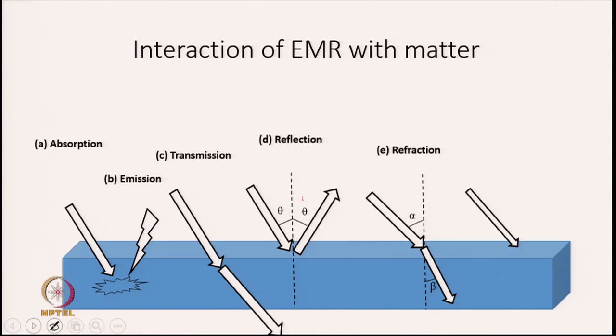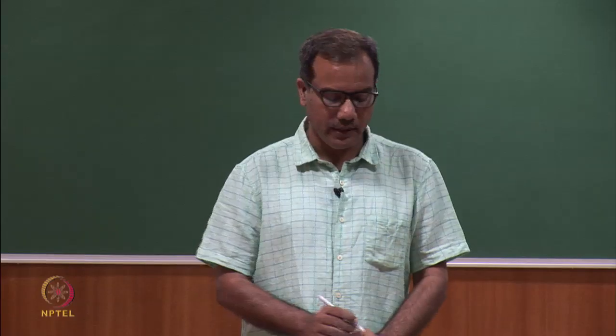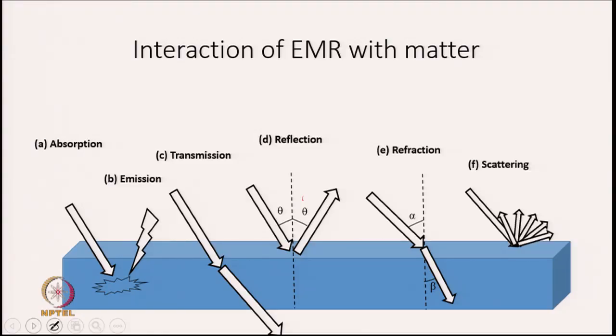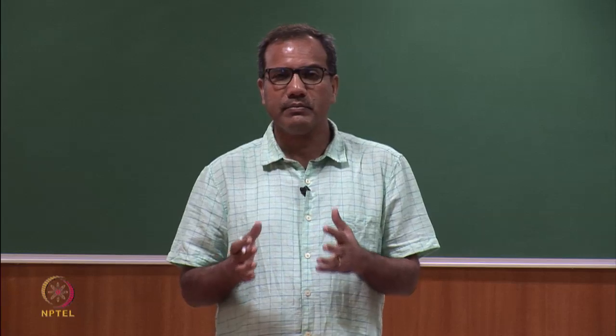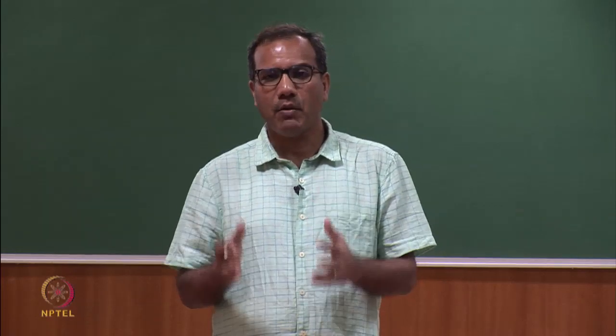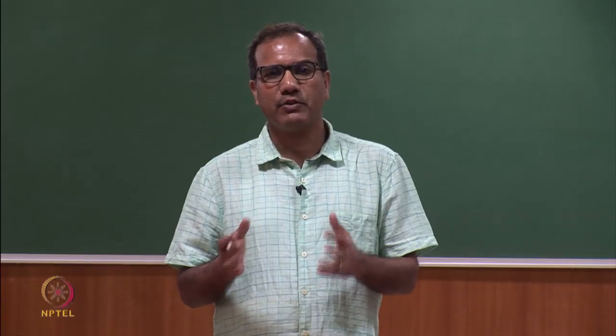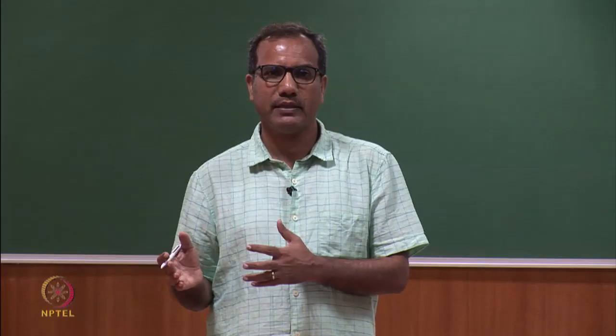And the other scenario is after the interaction of electromagnetic radiation with the matter, light can be scattered by matter, and scattering can be in all directions. So, these are the 5 most common ways in which electromagnetic radiation interacts with matter.